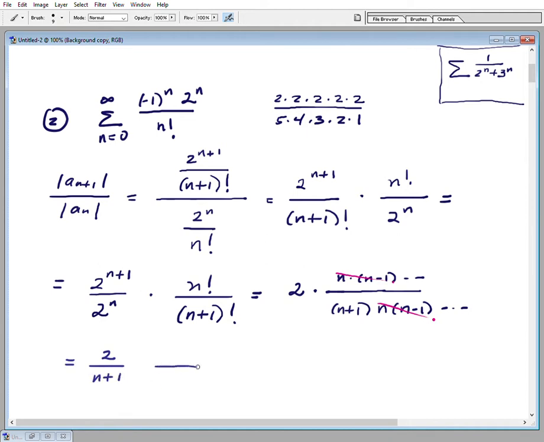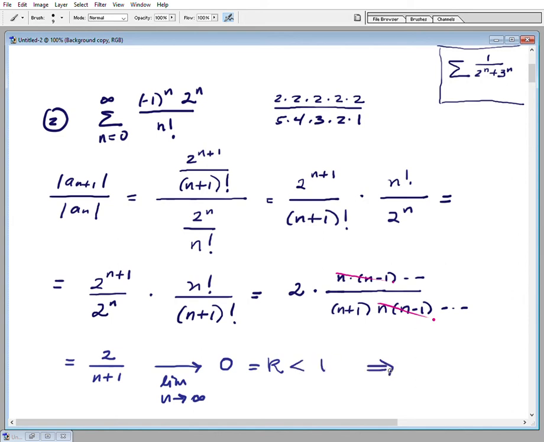Now just take the limit as n goes to infinity, and we have 0. So that 0, which is equal to our r, is less than 1.